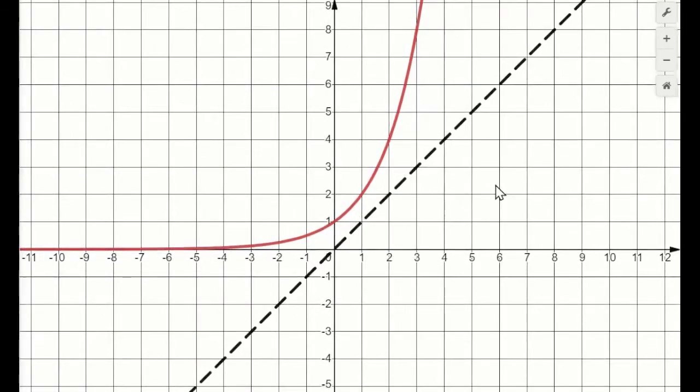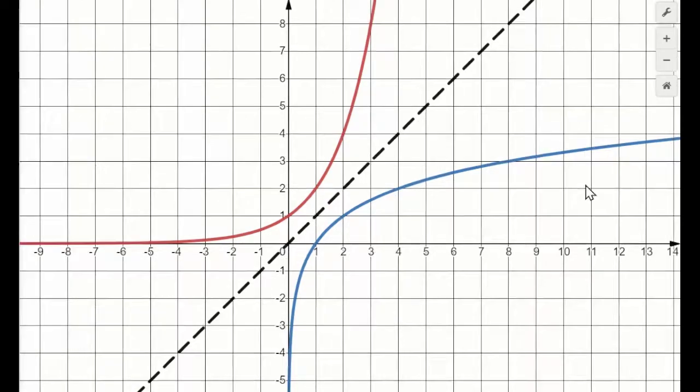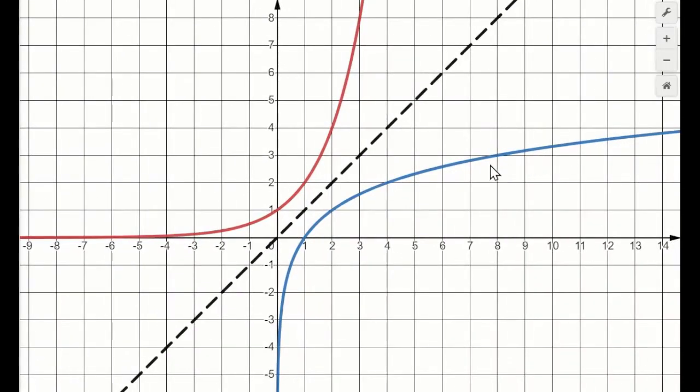So now, ladies and gentlemen, this graph in blue right here is indeed the graph of our function y equals log base 2 of x. G of x equals log base 2 of x.